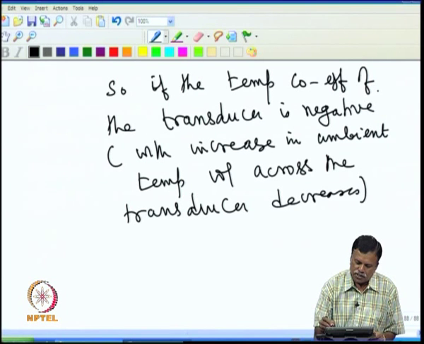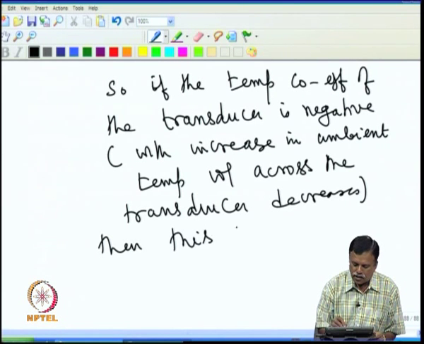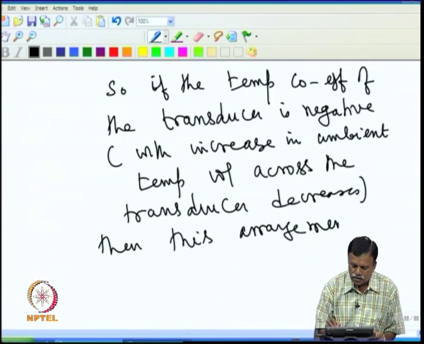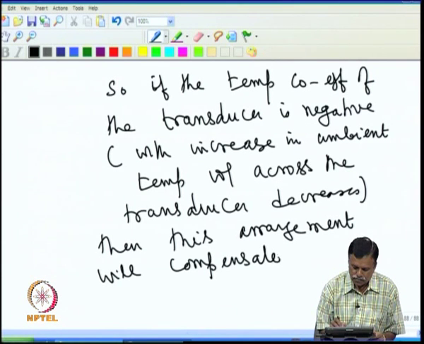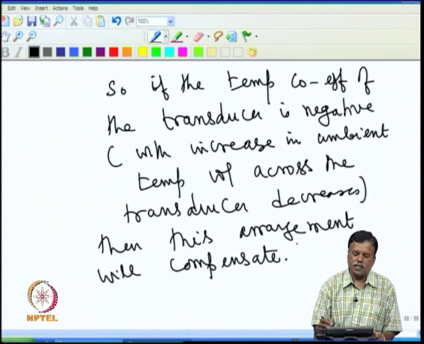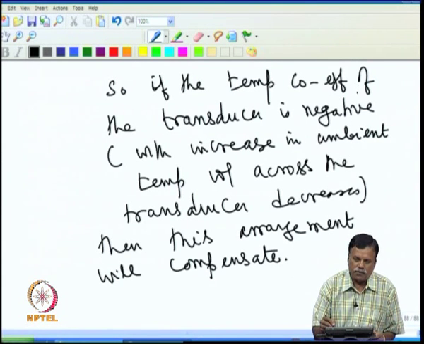So, if the temperature coefficient of the transducer is negative, then this arrangement will compensate, because the transducer voltage is decreasing with temperature, but the current applied to the transducer increases with the temperature.